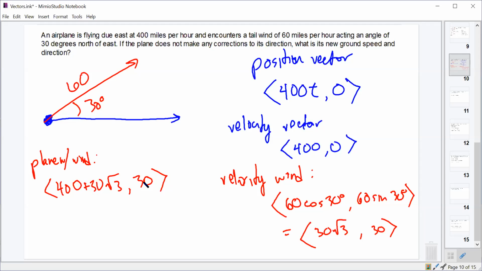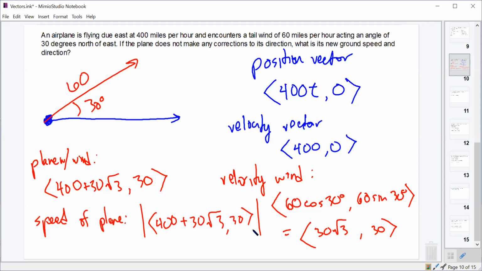And so this is our velocity vector. And so if we want the speed of the plane, then it should be the absolute value of this velocity vector. That will tell us how fast this plane is traveling. And so how do we find the absolute value of this vector?